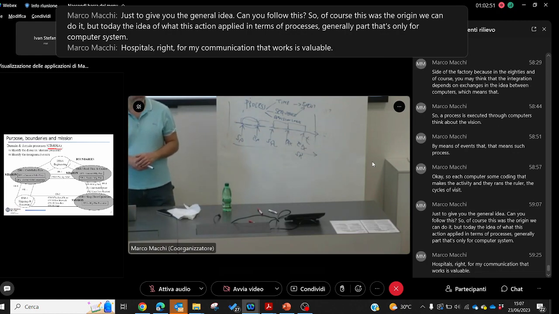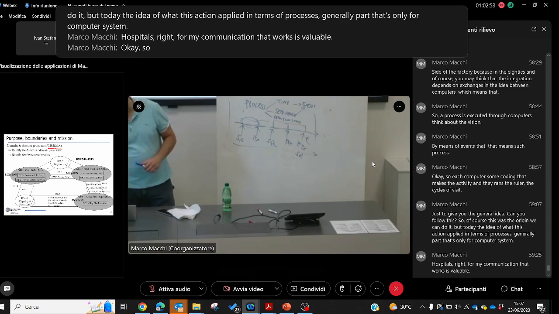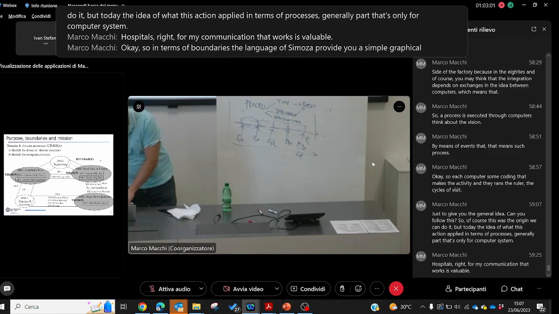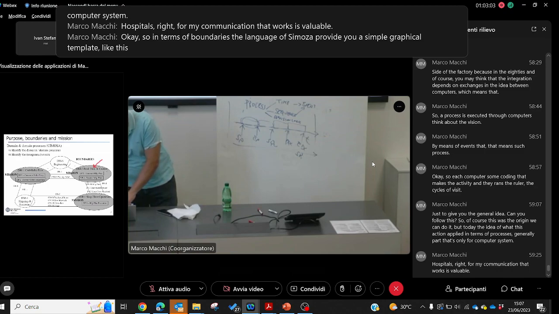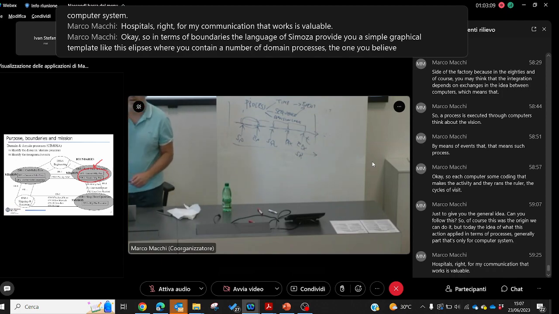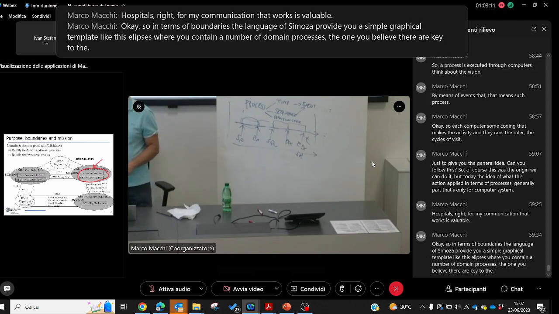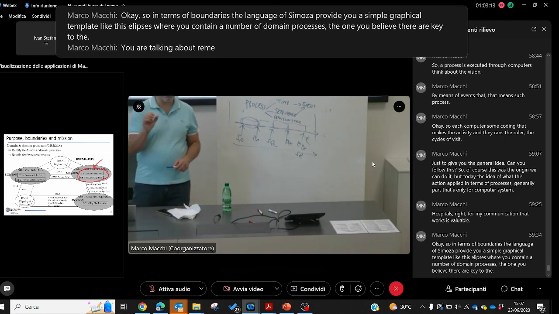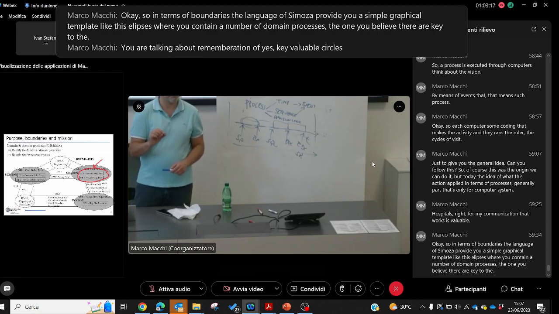Okay? So, in terms of boundaries, the language of SIMOSA provides you a simple graphical template like these ellipses, where you contain a number of domain processes, the ones you believe are key to the boundary you are talking about. Remember the consideration of key variables, those that are important for the functions.